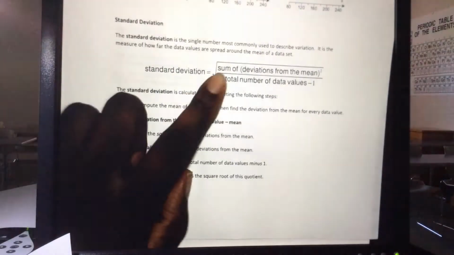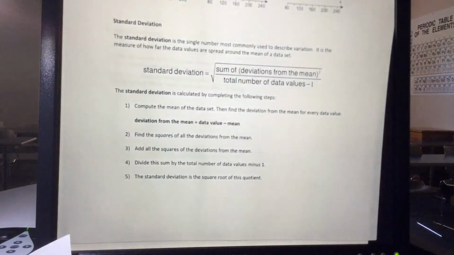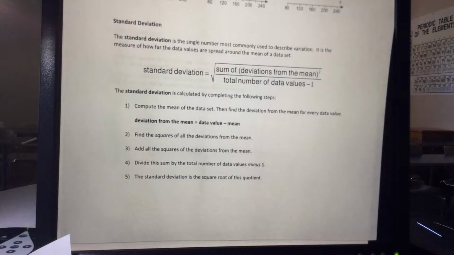Divide this sum by the total number of data values minus 1. So if you have 11 data values, it's 11 minus 1 in the denominator, which gives you 10. Finally, you take the square root of that quotient. That will give you the standard deviation for that entire data set.